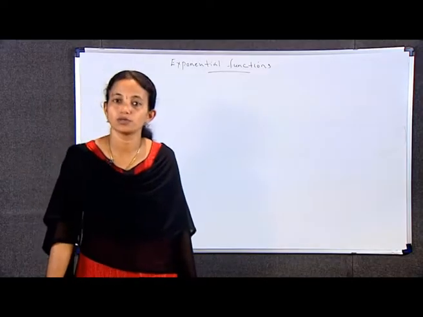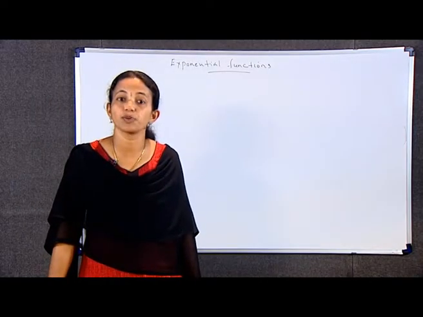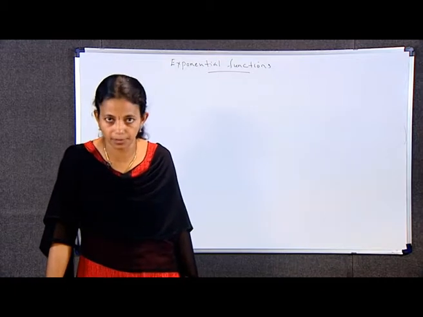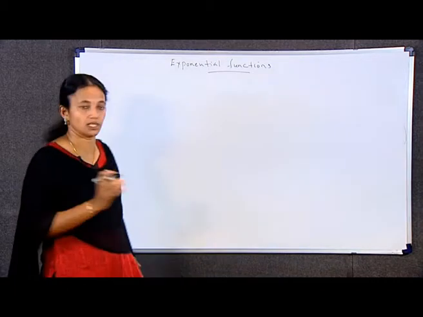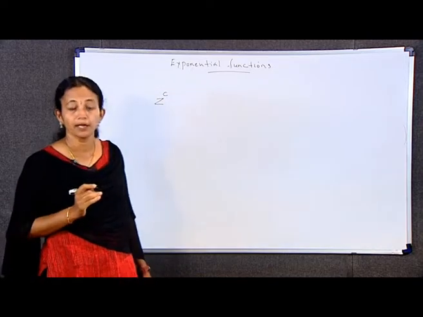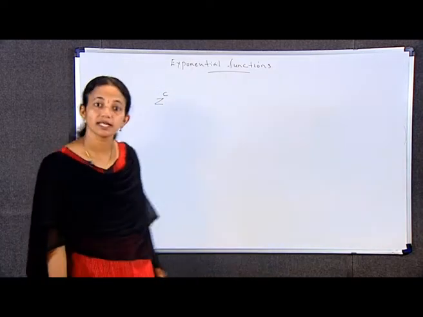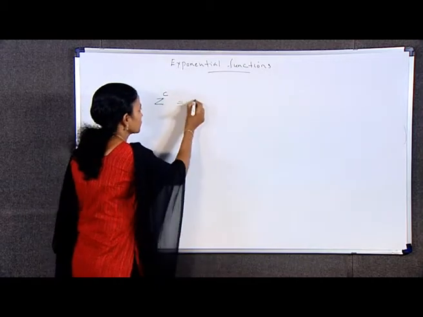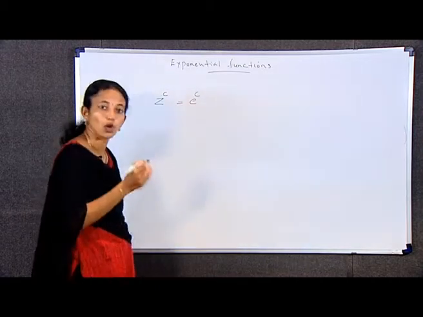Next, we have general powers, complex exponents. That is, when z is not equal to 0 and the exponent c is a complex number, z raised to c is defined by means of the equation z raised to c is equal to e raised to c into log z.